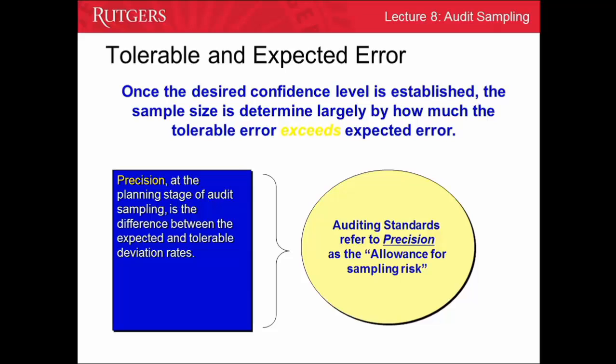Auditing standards use the term allowance for sampling risk to reflect the concept of provision in a sampling application. For example, if an auditor expected that a control would have a 2% deviation rate, and the auditor was willing to tolerate a deviation rate of 5%, the allowance for sampling risk would be 3%.